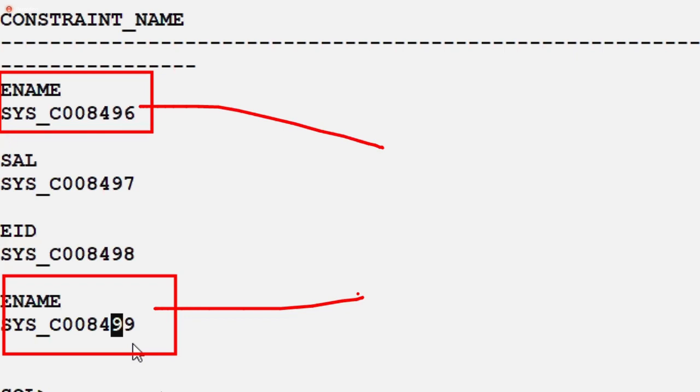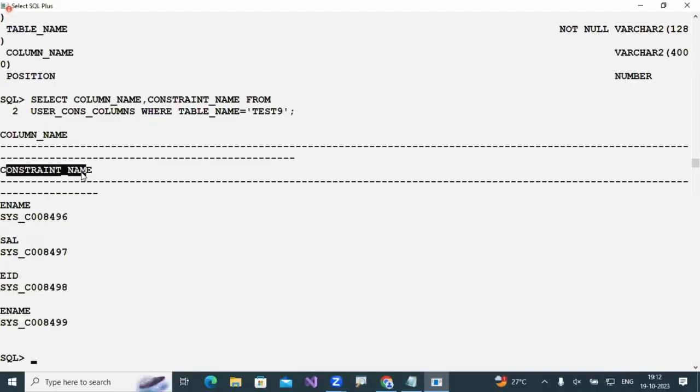So that is immediately sent back to the client. My constraint names, whatever they show in the system defined format, are not acceptable in real time. That's why, in place of the system defined constraint names, I want to create user defined constraint names.